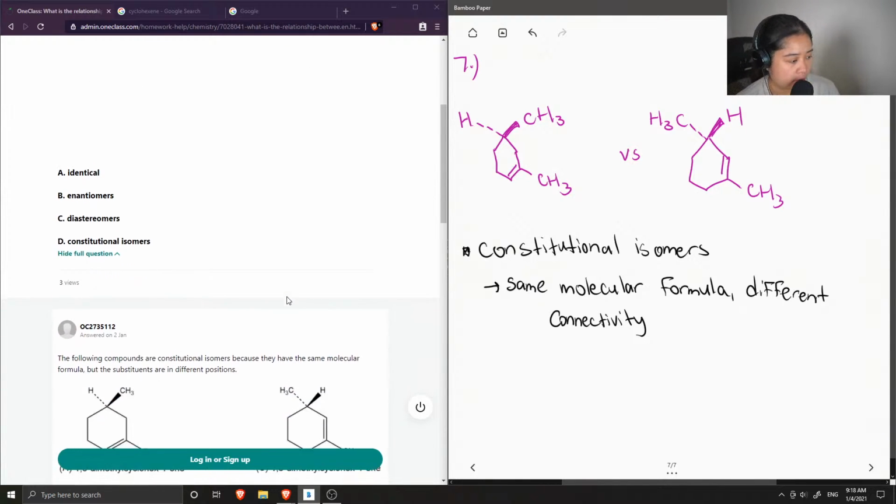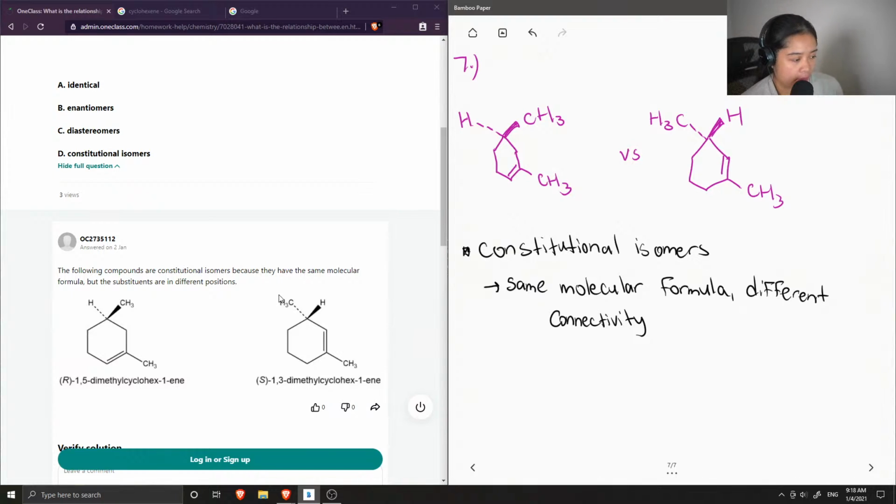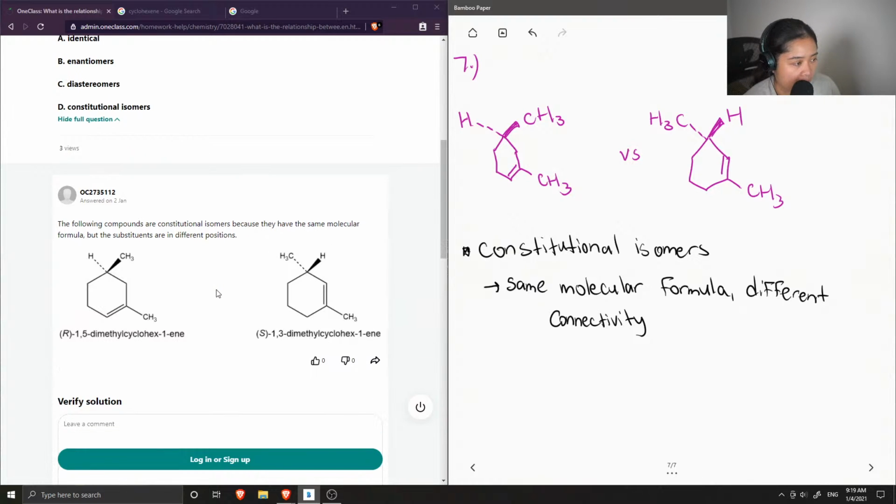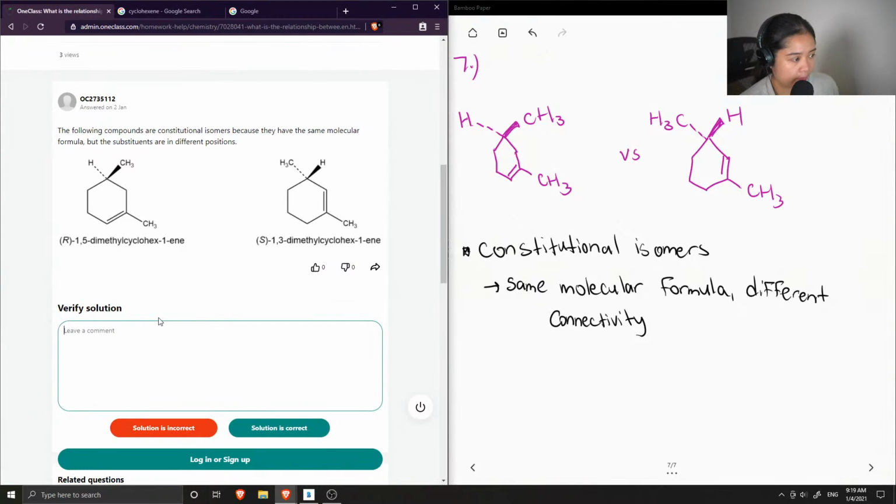Okay, so the junior tutor said that the following compounds are constitutional isomers because they have the same molecular formula, but the substituents are in different positions. Okay, so this solution is correct.